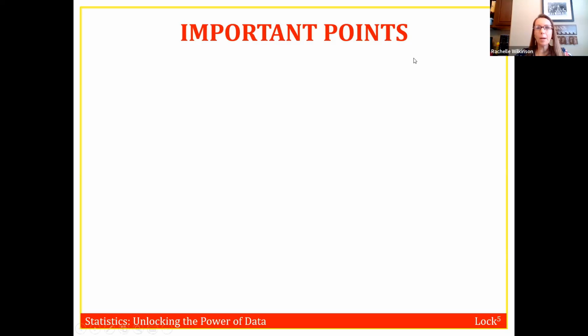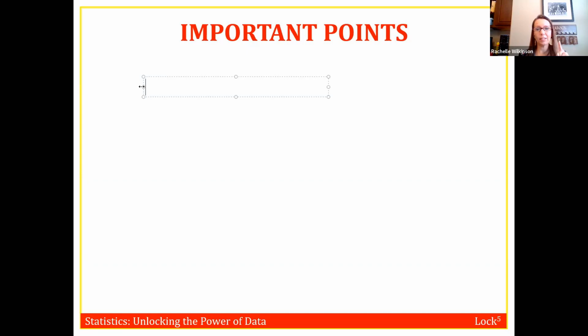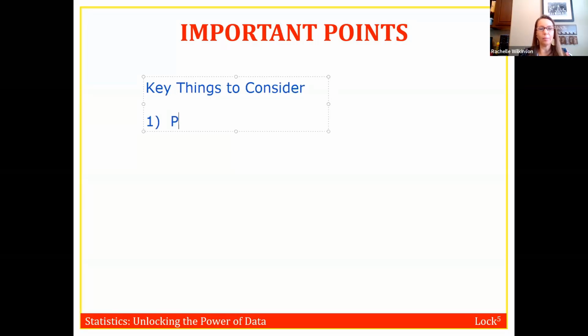All right, so parameters. Remember the parameter is the population value. So a parameter is a fixed number, a single fixed value. I'll call these key things to consider. So first, a parameter is a single fixed value.